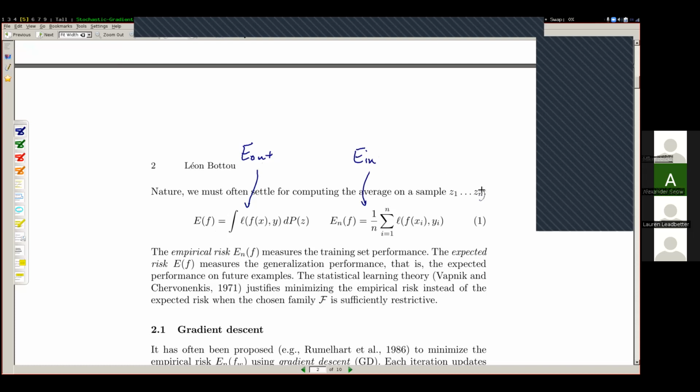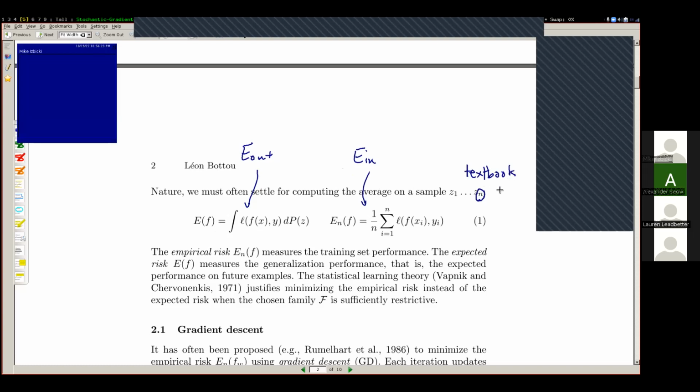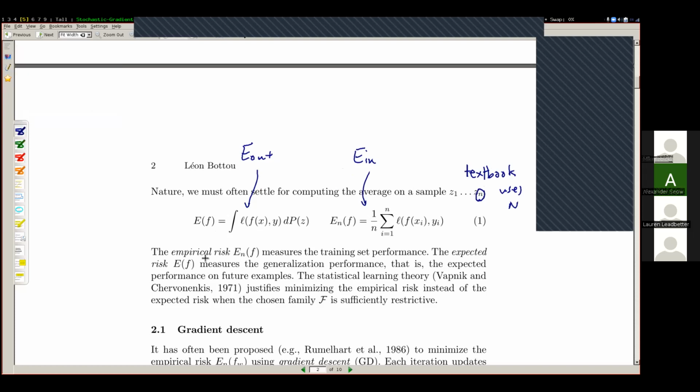Another minor difference is that in the paper, they're using lowercase n for the total number of data points. The textbook uses uppercase N. I've been intentionally using this term empirical risk a lot instead of the in-sample error.